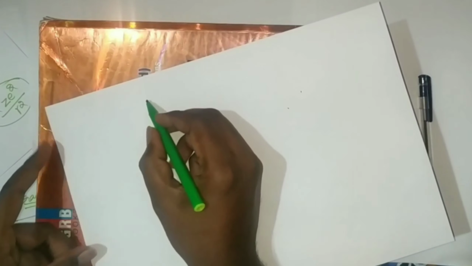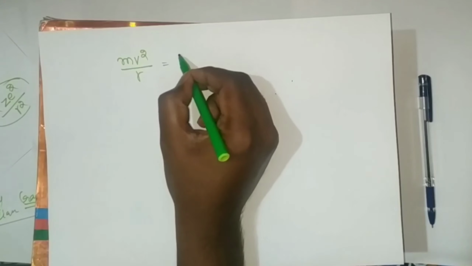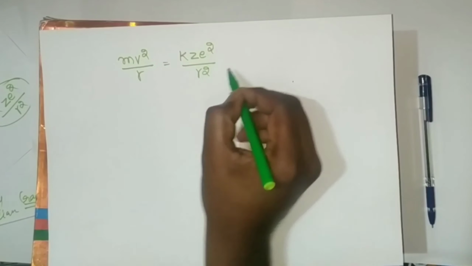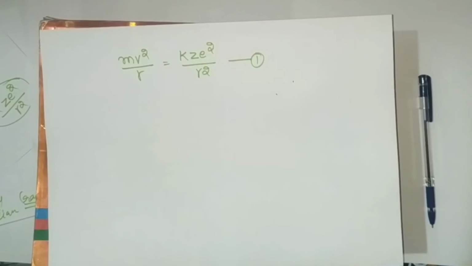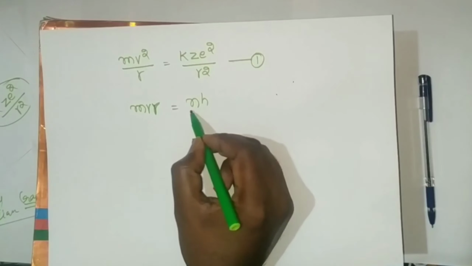Now see. So the first one is mv square by r is equal to k ZE square by r square. You can take it as equation 1. And the second one is mvr is equal to nh upon 2 pi.